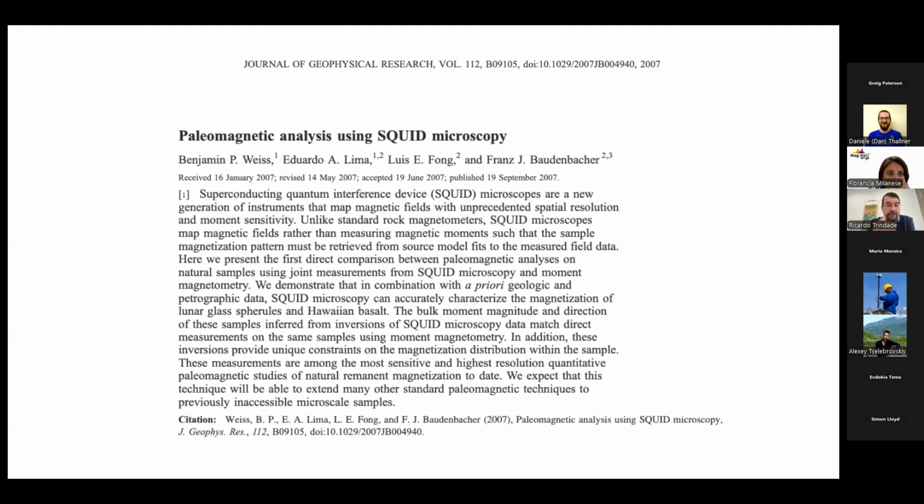And it's important to mention all the works that have been done by Richard Harrison's group, by Leonard de Groot, by Roger Fu, a colleague that has collaborated with us in the past years. So several different groups are trying to move the domain forward from the bulk rock to the analysis of single grains or magnetic imaging in this past decade or so.